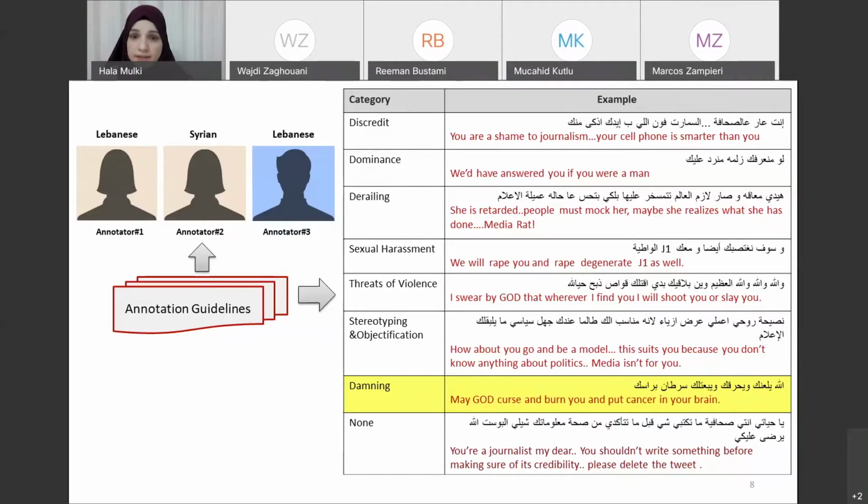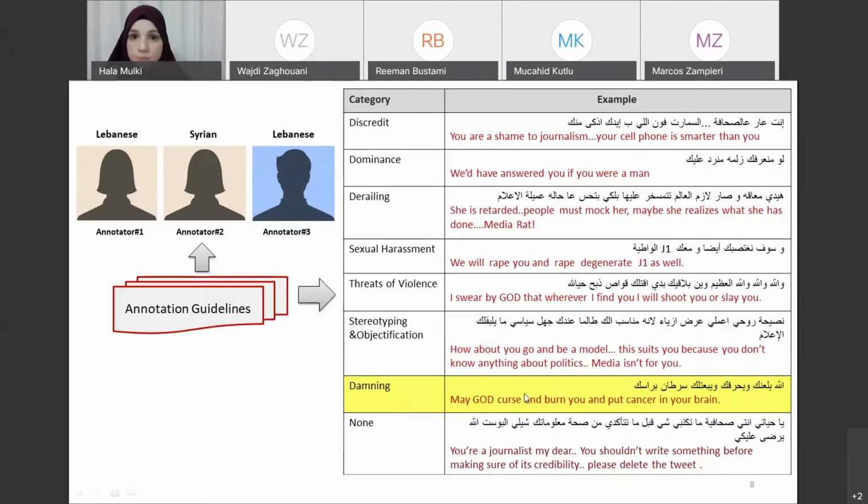In this dataset, inspired by Arabic culture and Lebanese culture in particular, we added an extra category, which is damning. I think Arabs will relate here. We in the Arab region adopt the damning philosophy, where when you want someone to get hurt, you pray to God: I wish that someone will get hurt.